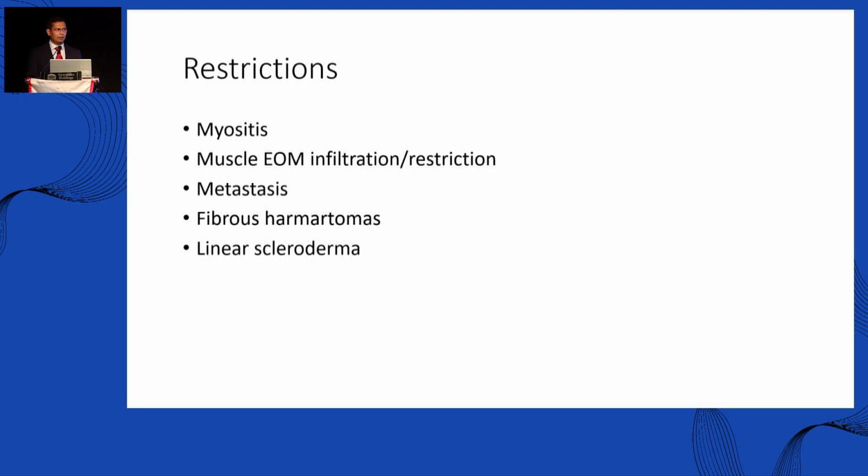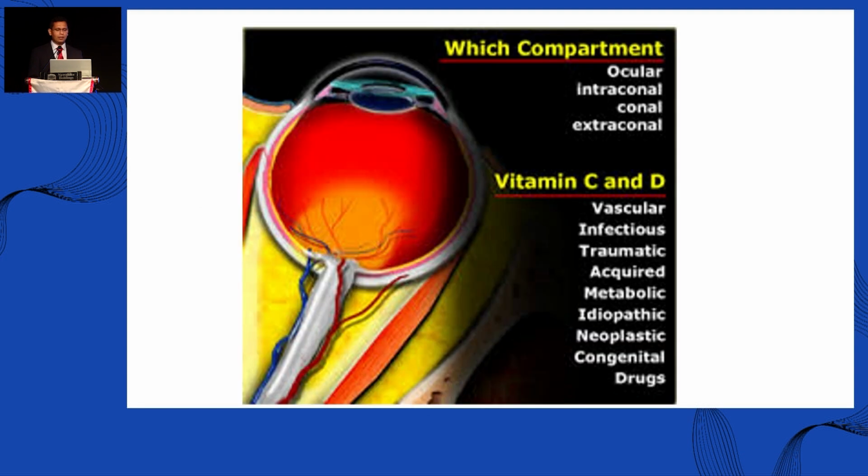So restrictions in eye movement can be a nerve problem, or can be myositis, infiltration of the muscles, then metastasis, then fibrous hematomas causing the muscles not to move, and linear sclerodermas. And if you see linear sclerodermas, you will find it can be fibrosis, and there might be associated scars around the eye.